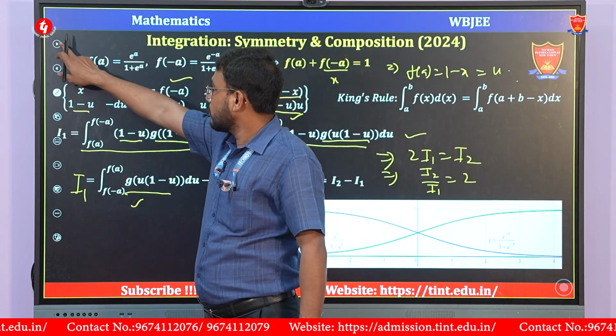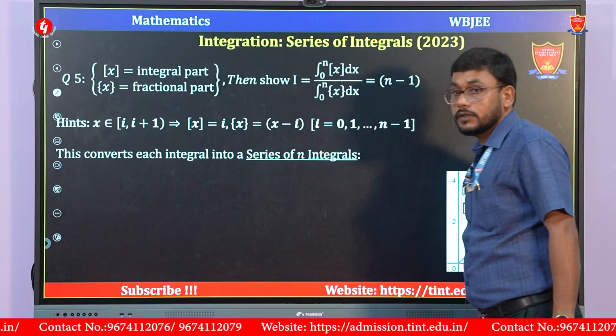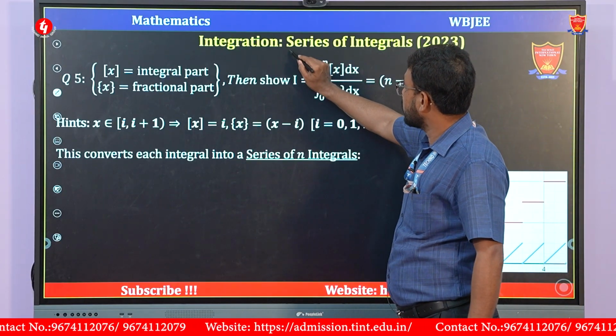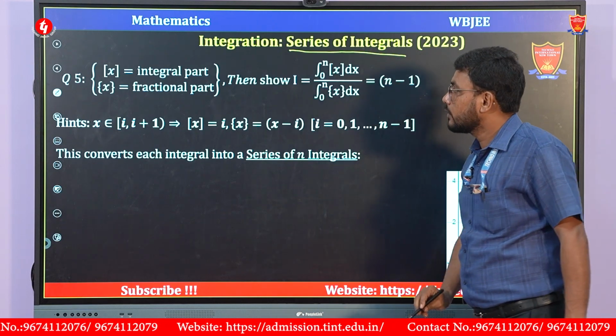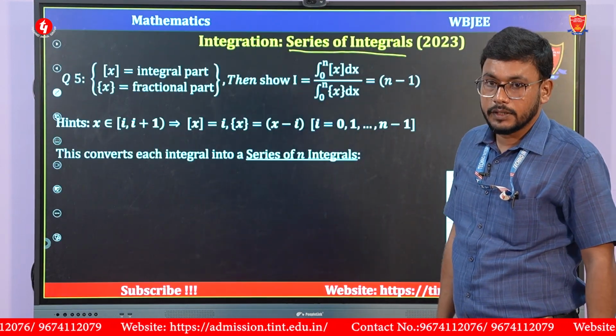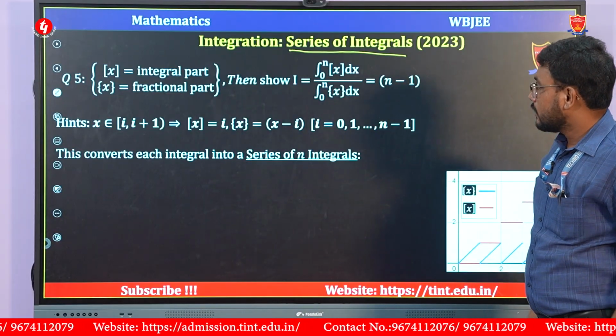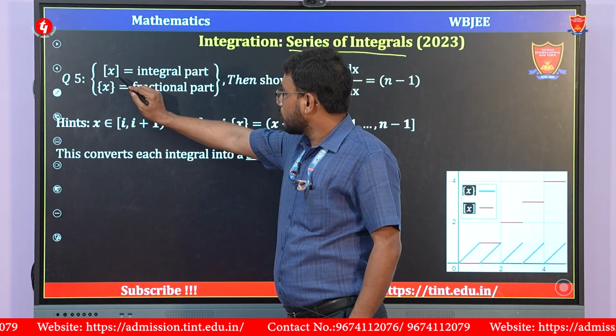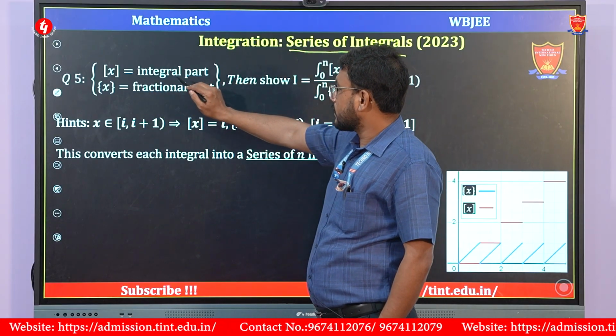Next, we move on to another problem. This is a series of integrals, a very interesting problem. This is a 2023 problem, WBJEE. Now, here the two functions are defined.